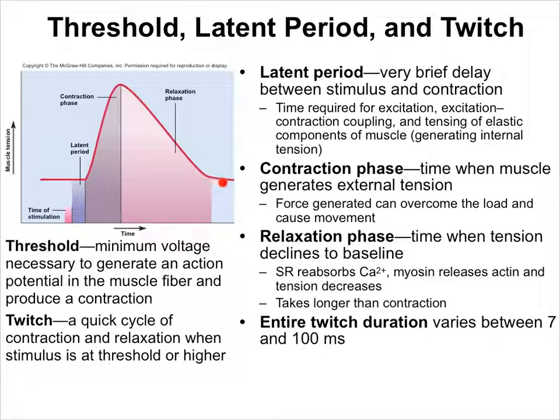This is where you are pumping the calcium back into the sarcoplasmic reticulum and the cell gradually stops contracting. This whole cycle from the initial time of stimulation to the time when the muscle has returned to its original length is called a twitch.